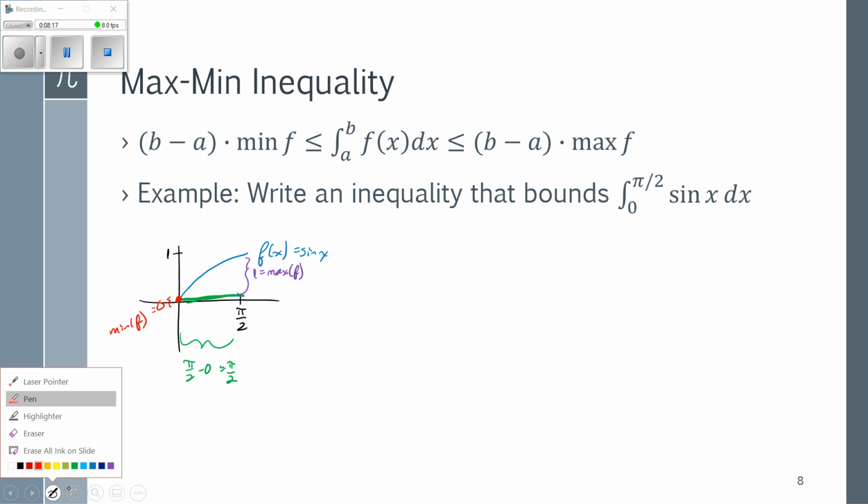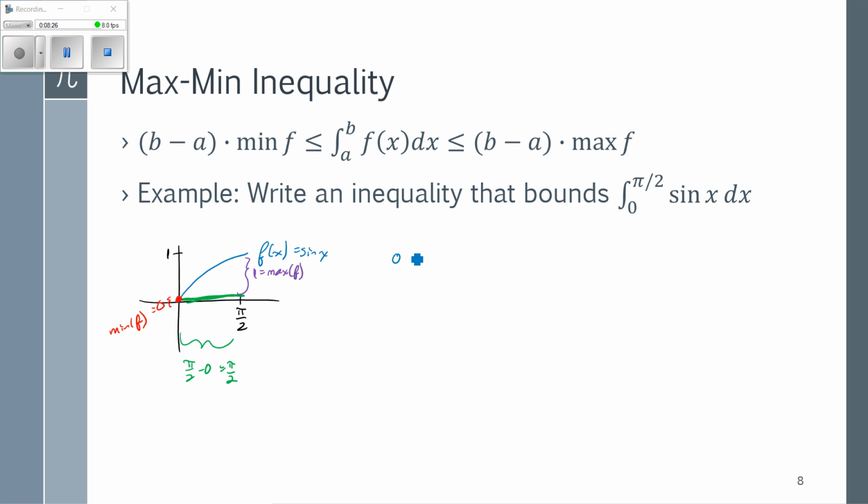So the smallest possible value for my definite integral would be using the smallest rectangle, which would have a height of 0 and a width of pi over 2. And the largest would be if my rectangle had a height of 1, the maximum for f, times a width of pi over 2. So that definite integral has a value somewhere between 0 and pi over 2.